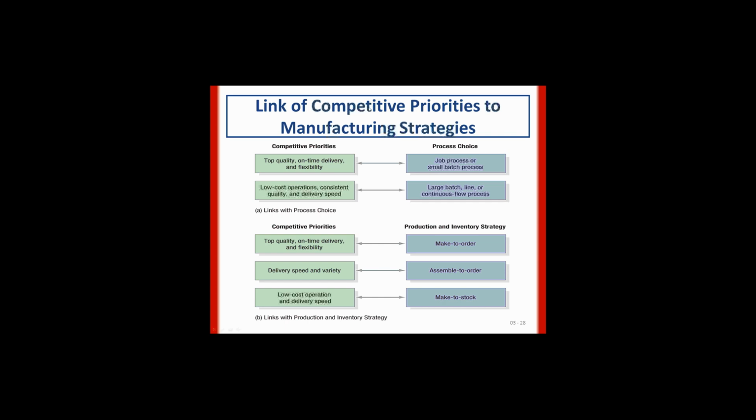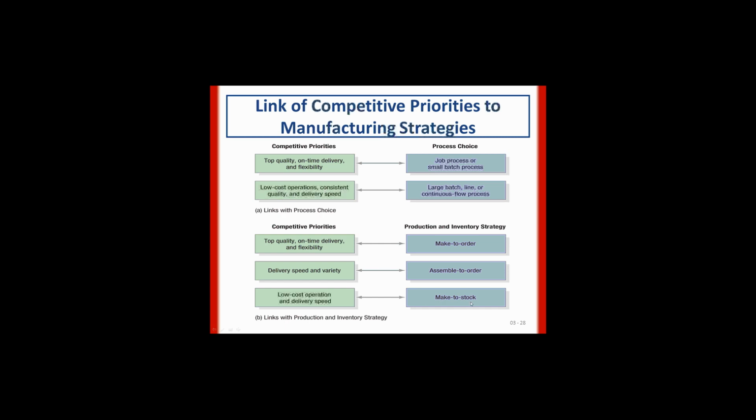Job and small batch, for example, each match with top quality, on-time delivery, and flexibility. Large batch, line and continuous flow match with low-cost operation, consistent quality, and delivery speed.